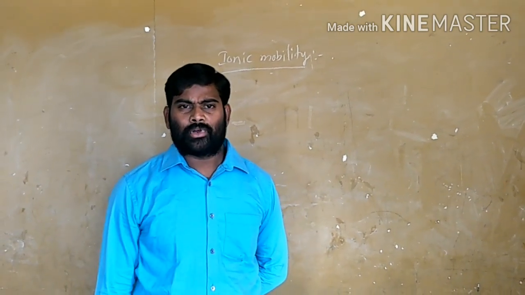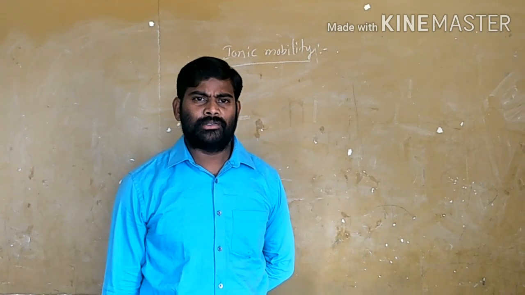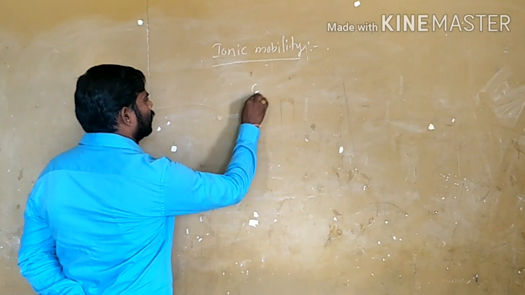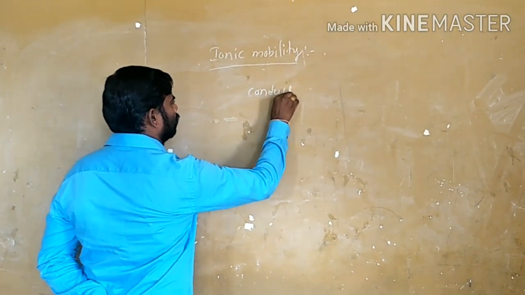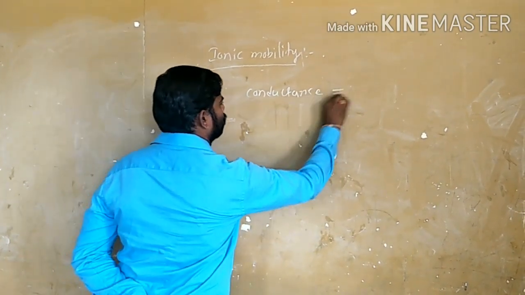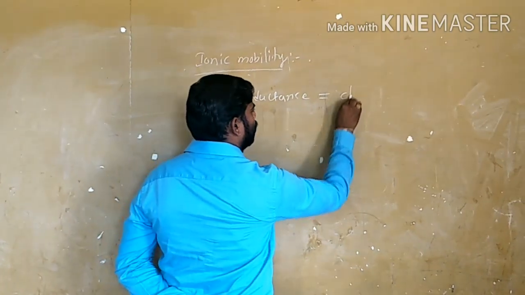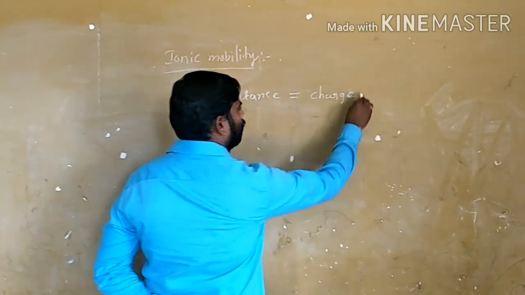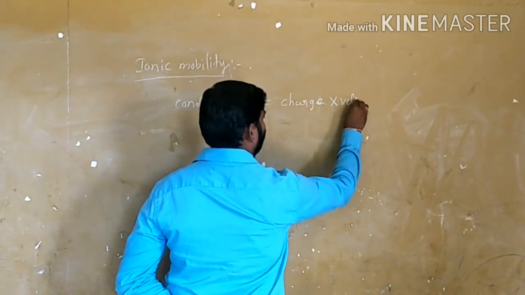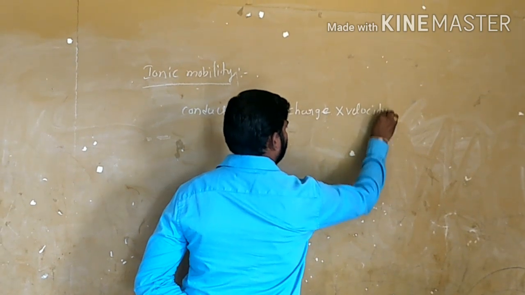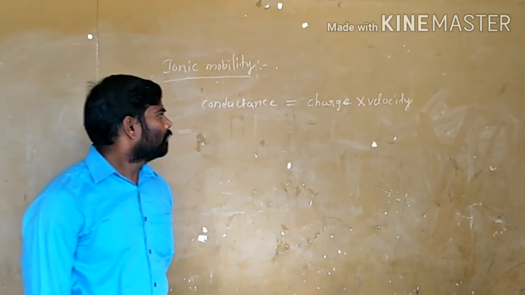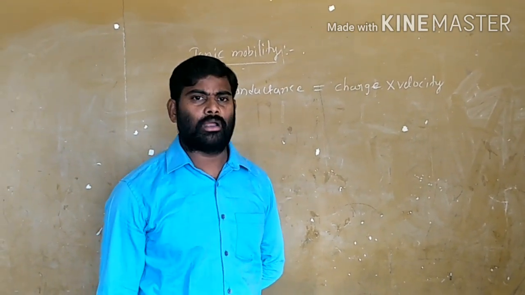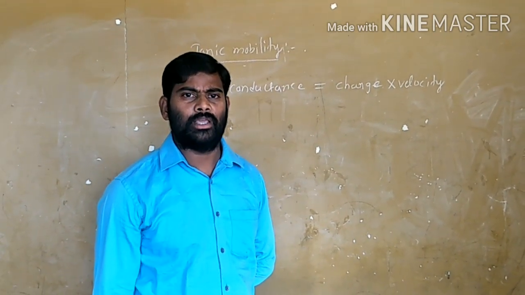Equivalent conductance is a type of conductance, which means conductance is the product of the charge carried by the ions and their velocity.